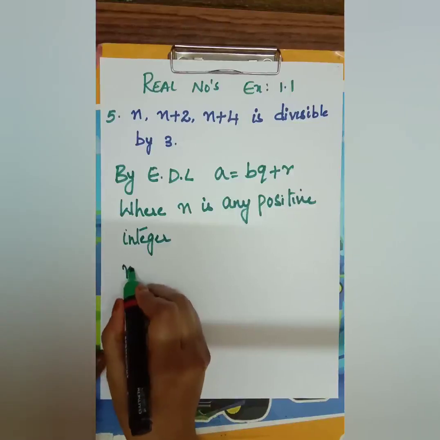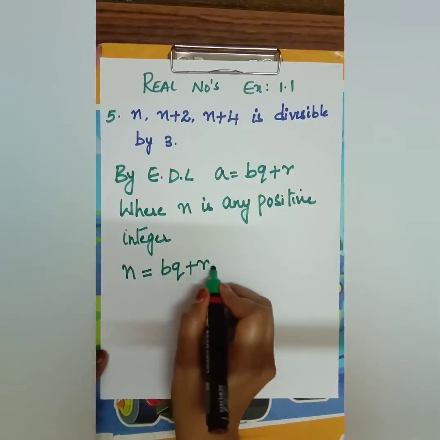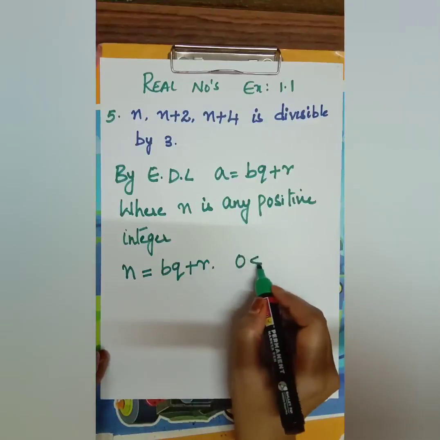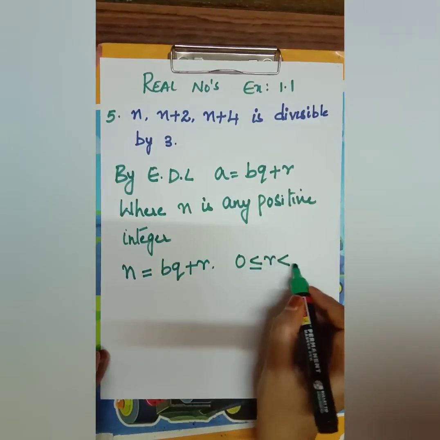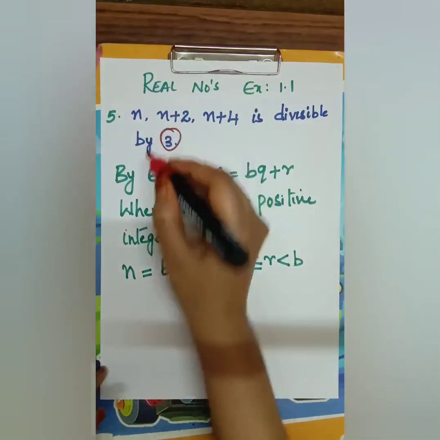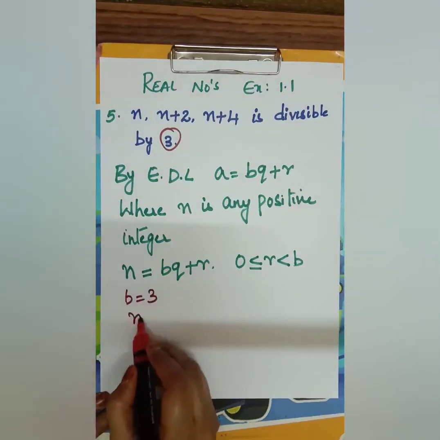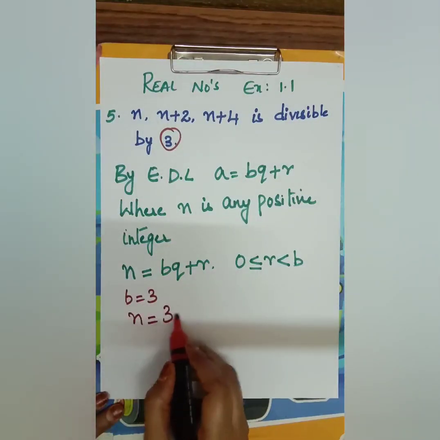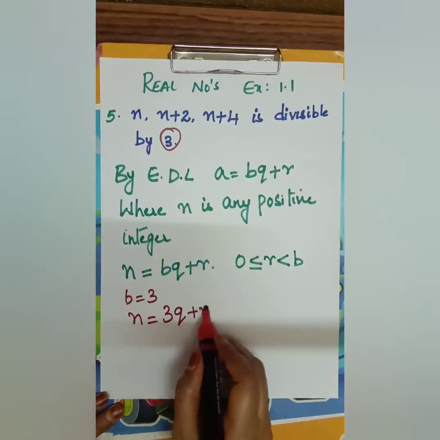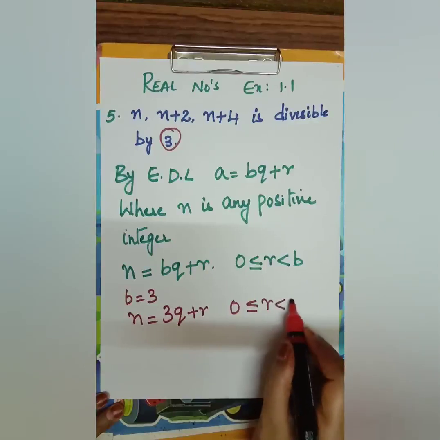That is, n is equal to bq plus r, 0 less than or equal to r less than b. Here we are going to take b as 3. So n is equal to 3q plus r, 0 less than or equal to r less than 3.